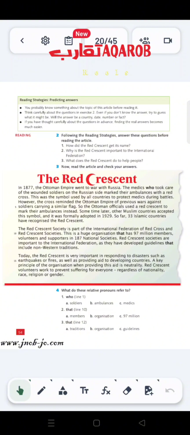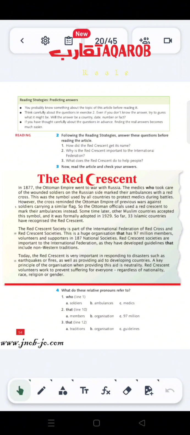Now, let's start with the first paragraph, line 1. In 1877, the Ottoman Empire went to war with Russia. The medics who took care of the wounded soldiers on the Russian side marked their ambulances with a red cross. This was the symbol used by all countries to protect medics during battles.